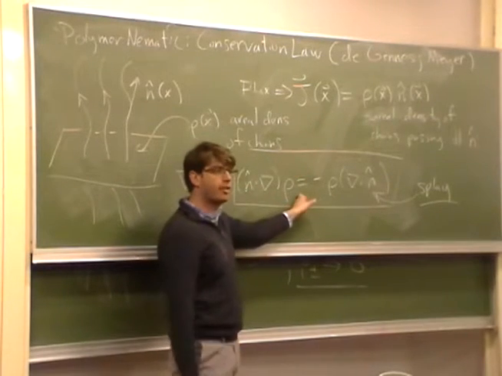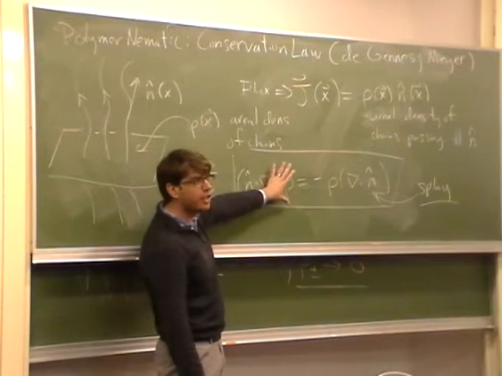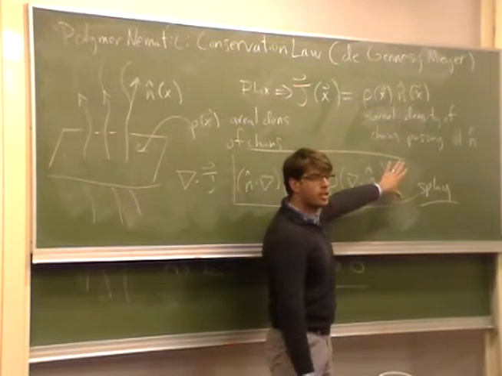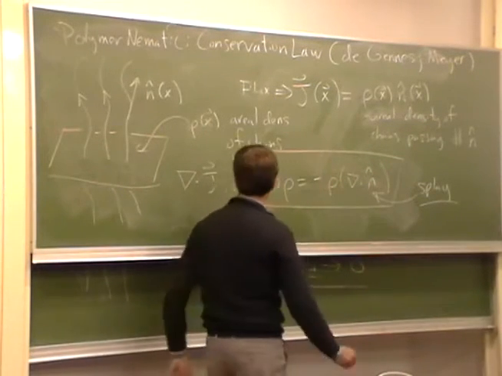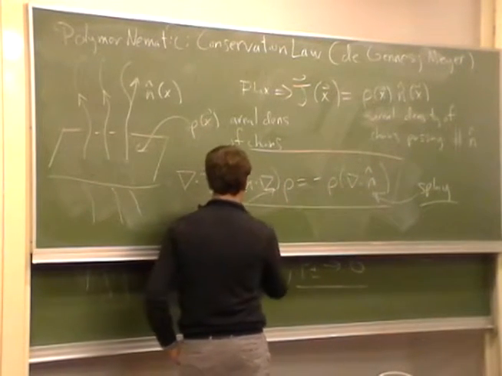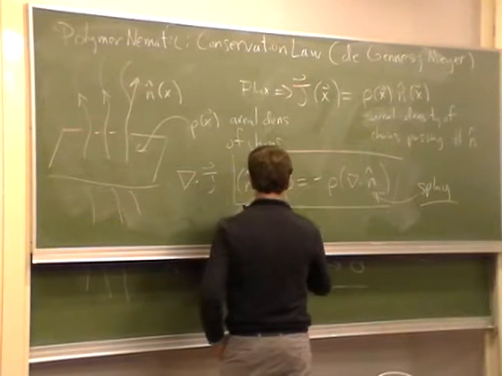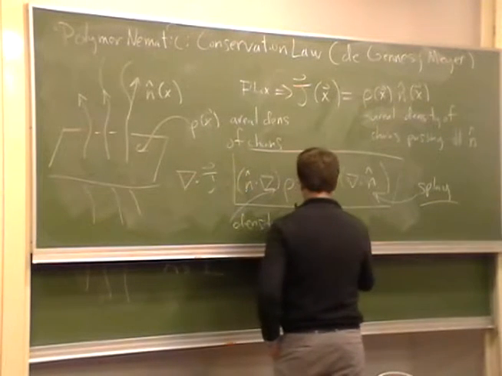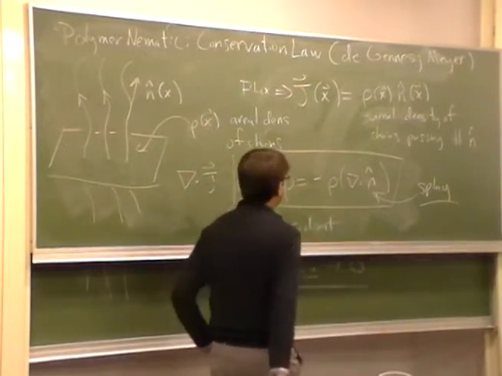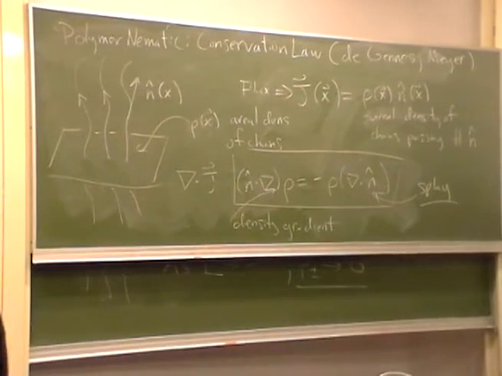So this is just a derivative of the density. It says the derivative of the density is related to the splay. Density gradient. So what? Okay, so that's the conservation law for polymer nematics, and now let's see what that does.